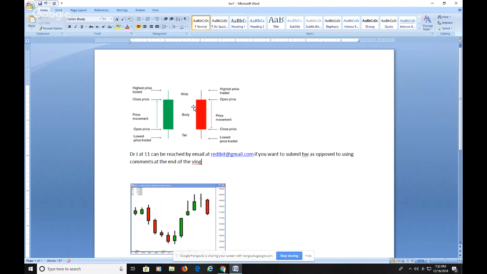And really you can use any two colors you like, but green is taken to be bullish and red is taken to be bearish, kind of like the idea of red ink, I suppose, or kind of like how your stock quotes are given. When you're up on the day, it's in green. When you're down on the day, it's in red. I don't know what happens when you're even on the day.